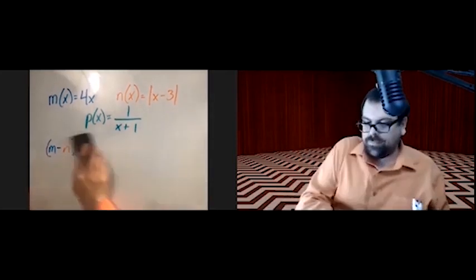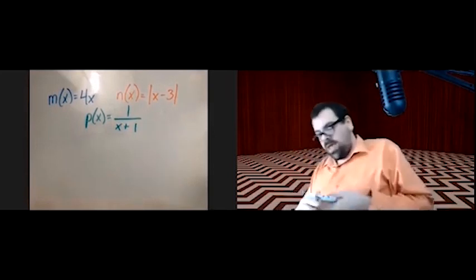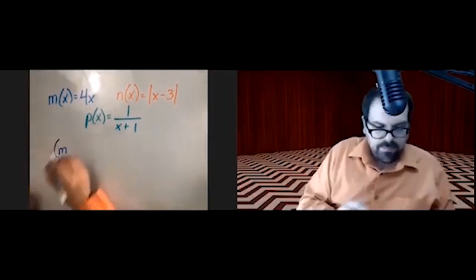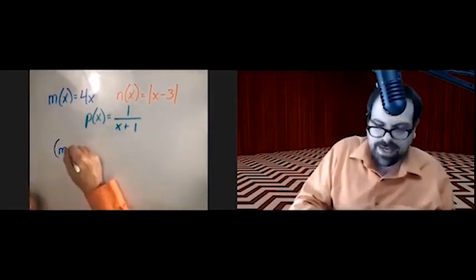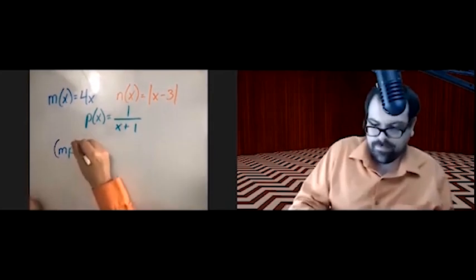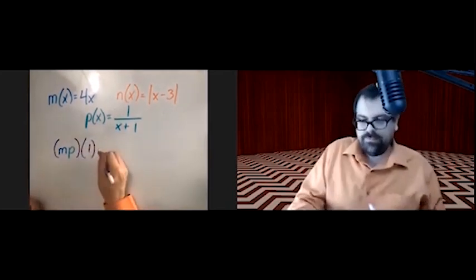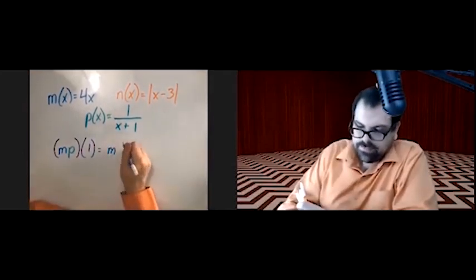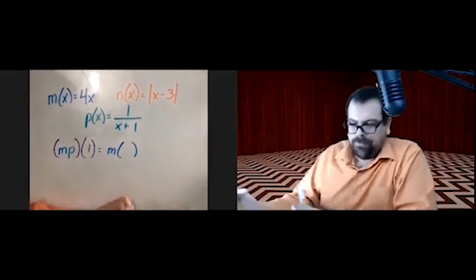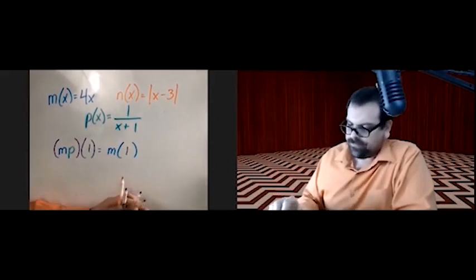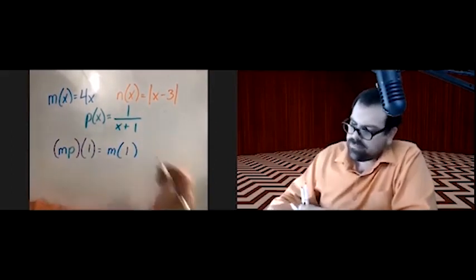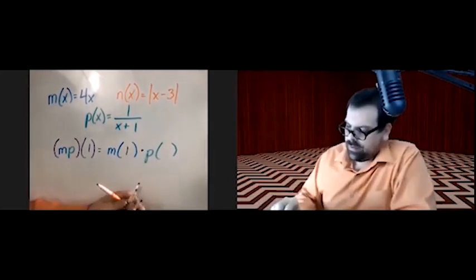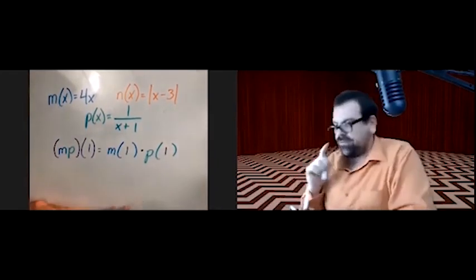Next up, let's do m times p of 1. Well, that's going to be m of 1 times p of 1.